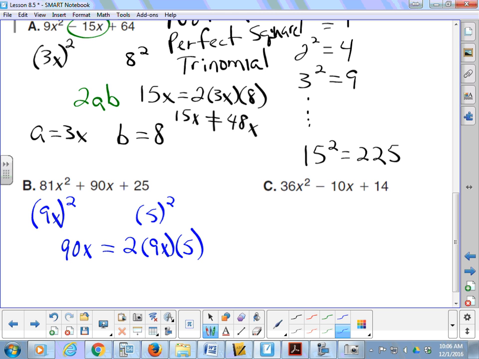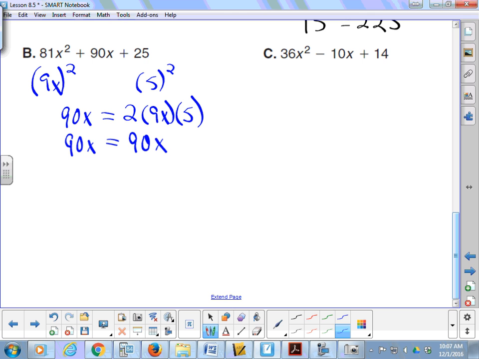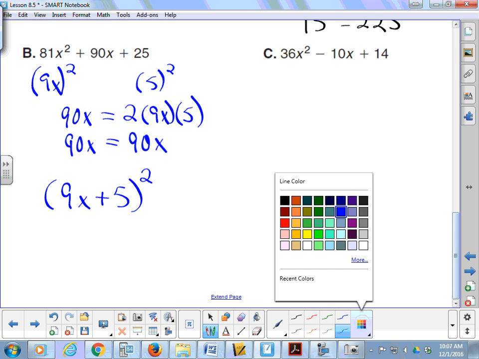If that's a true statement, then this is a perfect square trinomial, and we can factor it. So 90x: 2 times 5 is 10, and 10 times 9 is 90x. Awesome. So when I factor this, it will be 9x plus 5, that quantity squared.